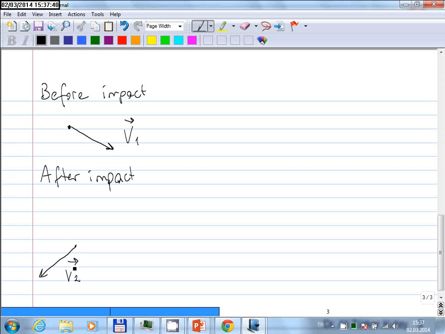If you look at what's happening here, there is a certain velocity of this tiny air molecule, and after the impact, it has a different velocity, right? So the velocity has changed during this collision. In other words, there's a delta velocity here.